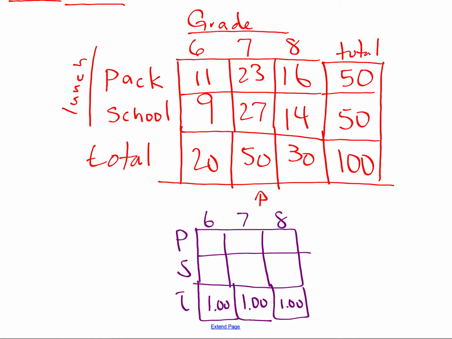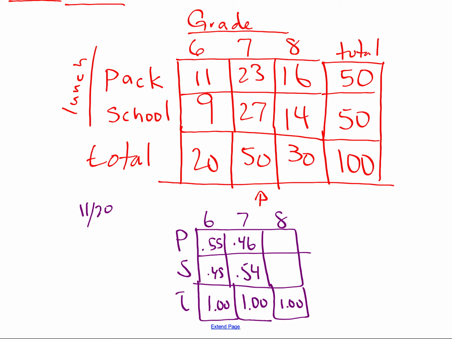Okay, of those that pack a lunch, it would be 11 out of 20, which comes out to be 55%, and 9 is 45%. For 7th graders, 23 out of 50 is 46%, and 27 out of 50 is 54%.